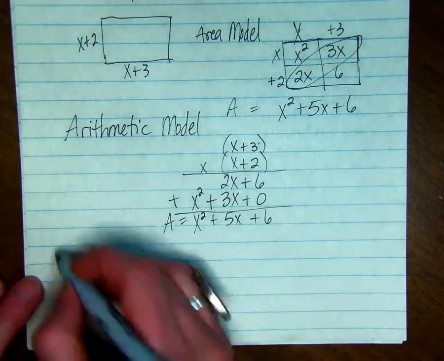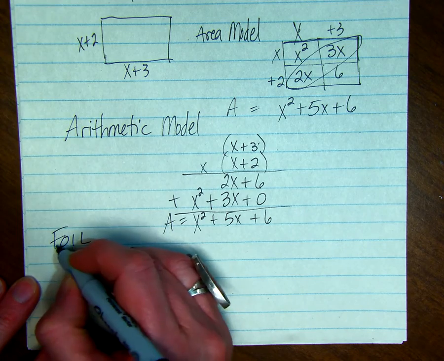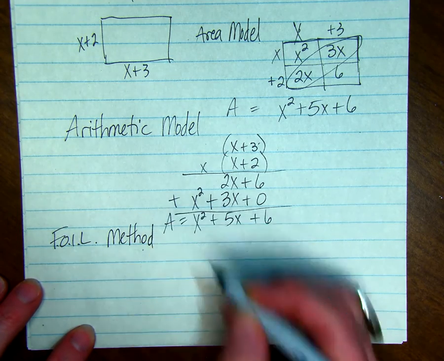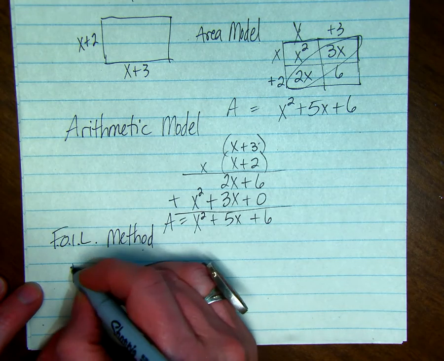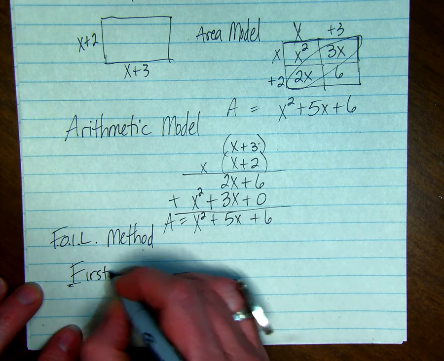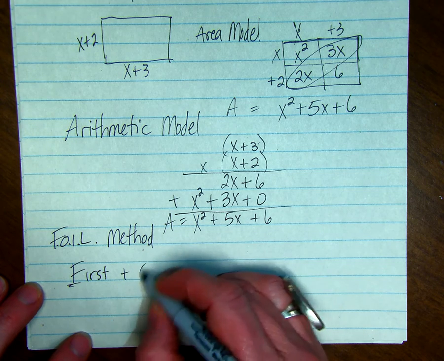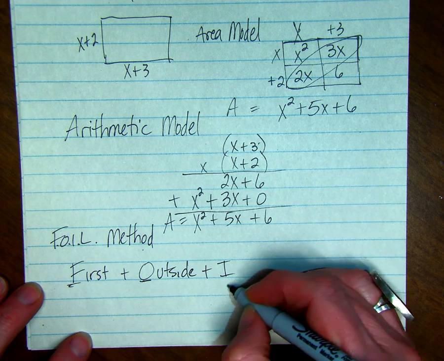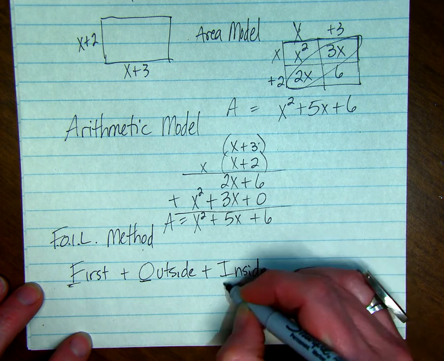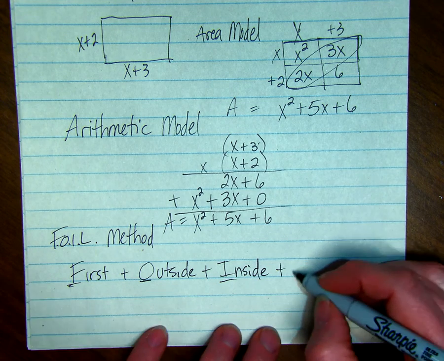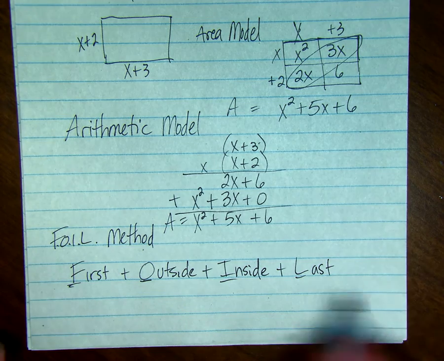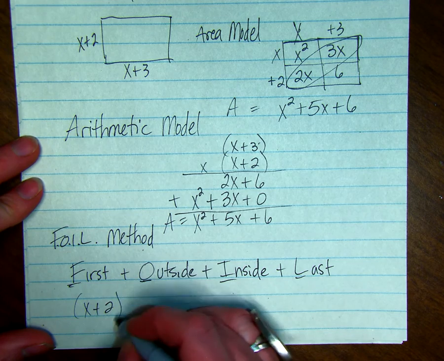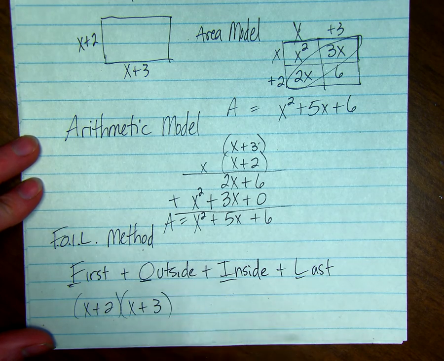Then we can use what's called FOIL. That's another method to find area. FOIL stands for first plus the outside plus the inside plus the last. So the first letter of each of those words spells FOIL. So we have x plus 2 times x plus 3.